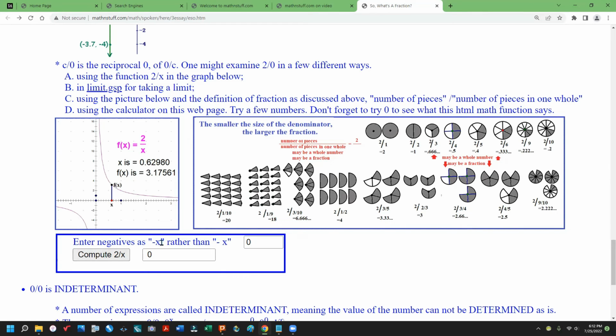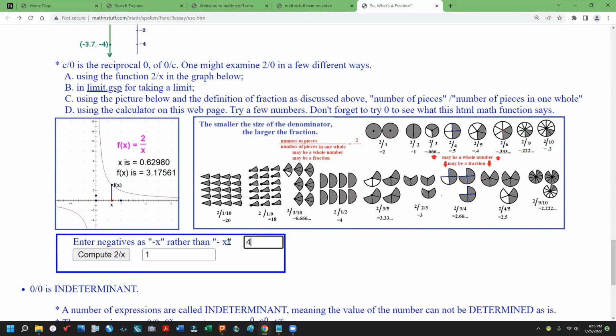If you wish, you may input some number for the size of the denominator, the number of pieces in one whole. So if I put in a 2 here, 2 divided by 2 gives me 1.